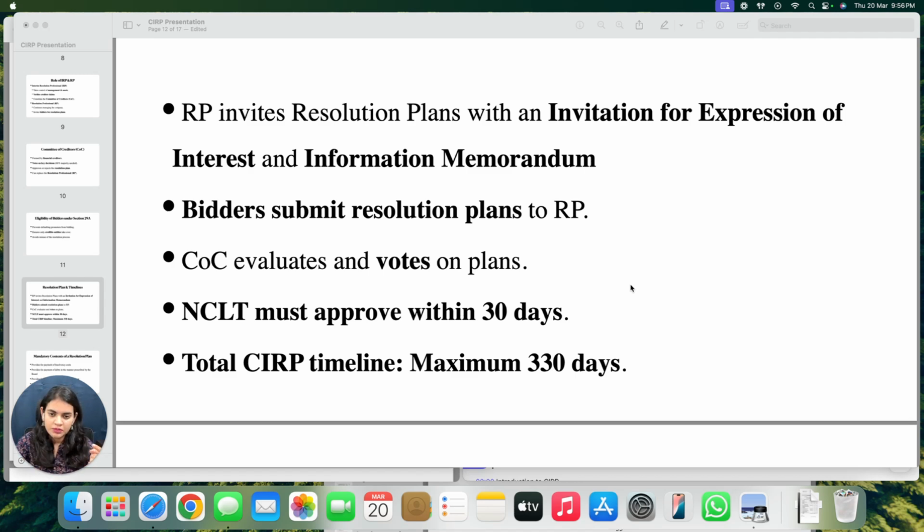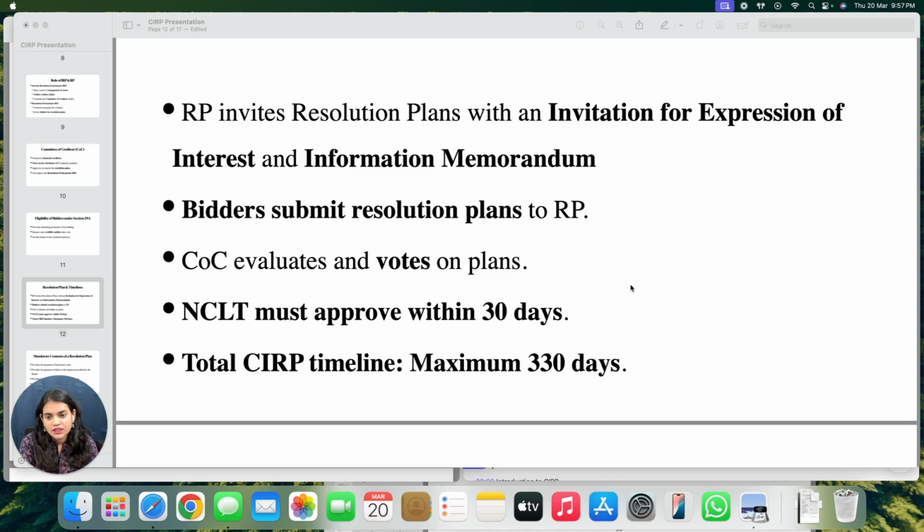So they will be able to access confidential information, and it is pertinent that they will not divulge this information to any third parties, or use the copyright of the corporate debtor, if any, made available to them, for their own benefit if they are not the successful resolution applicant as well.